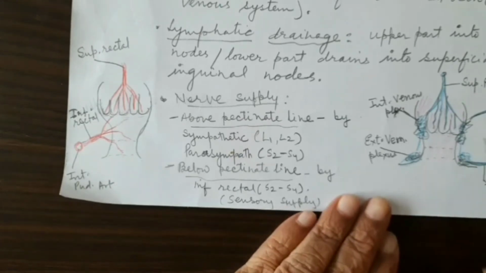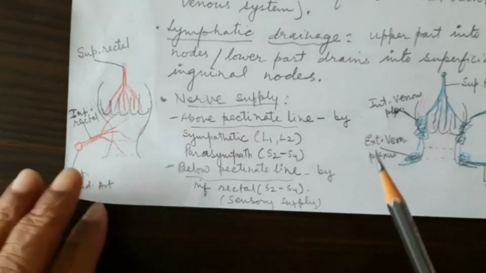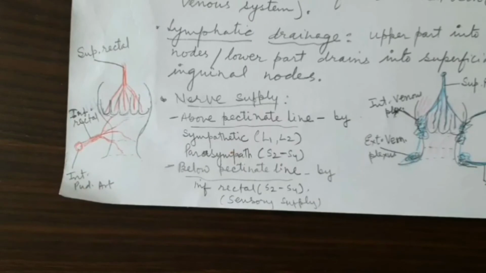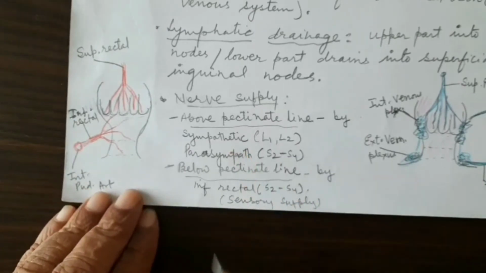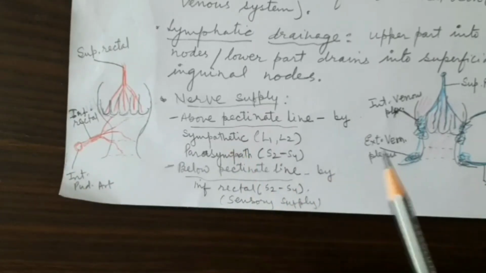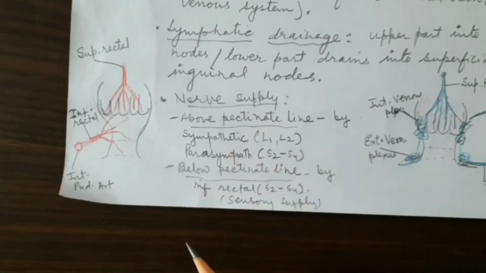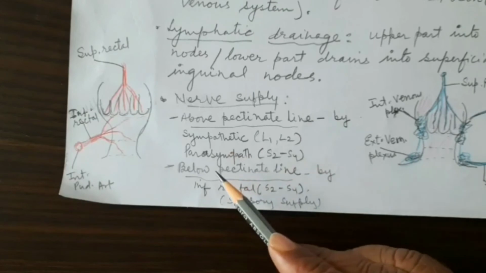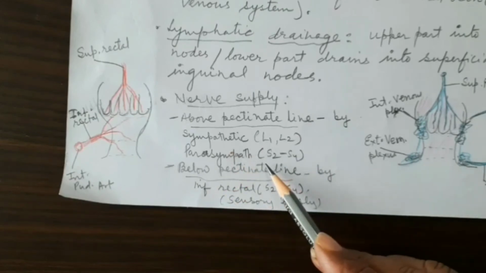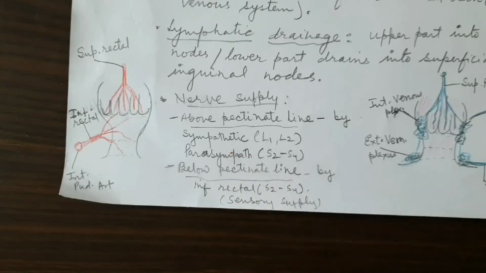Again, this pectinate line is a watershed line. Nerve supply above this pectinate line is by the sympathetic as well as parasympathetic. Sympathetic nerves come from the L1 and L2 spinal segment level, while parasympathetic come from S2 to S4 spinal segmental level.